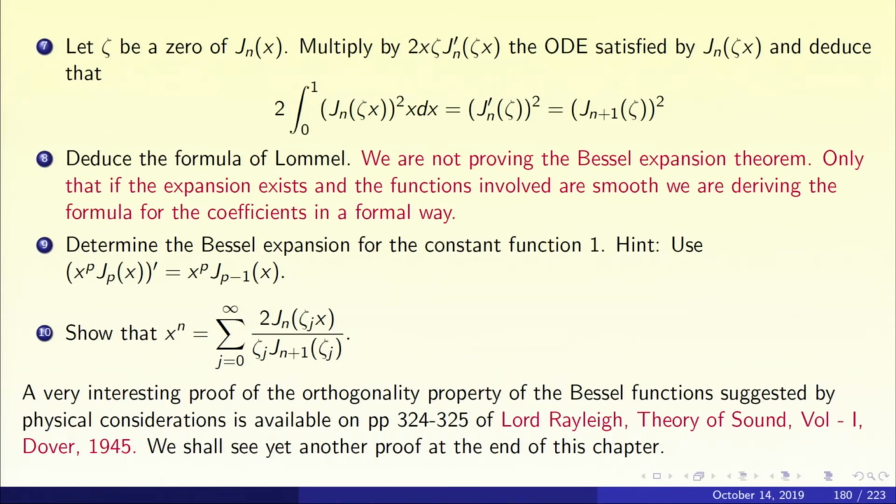Some of these formulas are due to Lommel, and a very interesting treatise is the Theory of Sound by Lord Rayleigh. The orthogonality property of Bessel's function has been established through physical considerations by Lord Rayleigh in his monumental treatise Theory of Sound, volume 1 and volume 2. Even to this day, it is a very beautiful book, it is very relevant. There are numerous experiments with vibrational problems that have been described in great detail. It is also mathematically very rich.